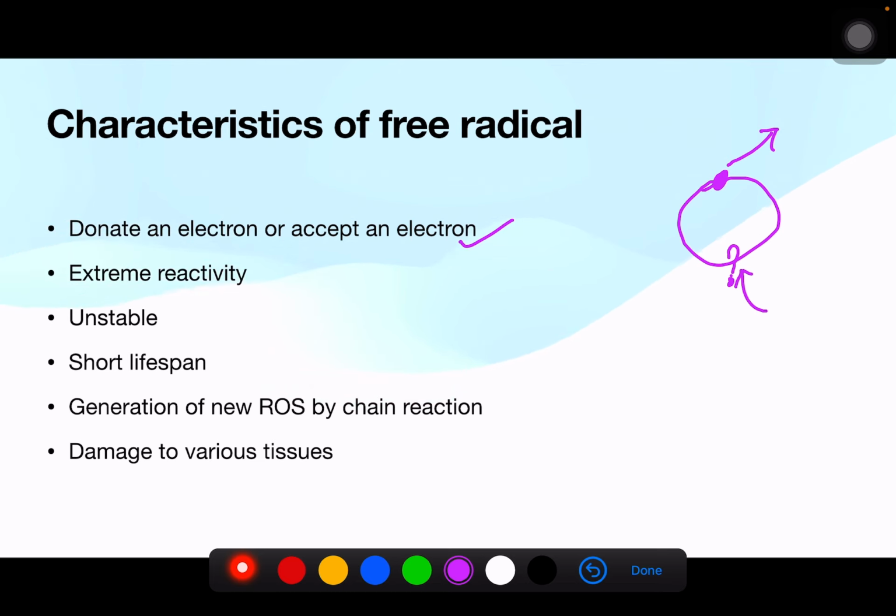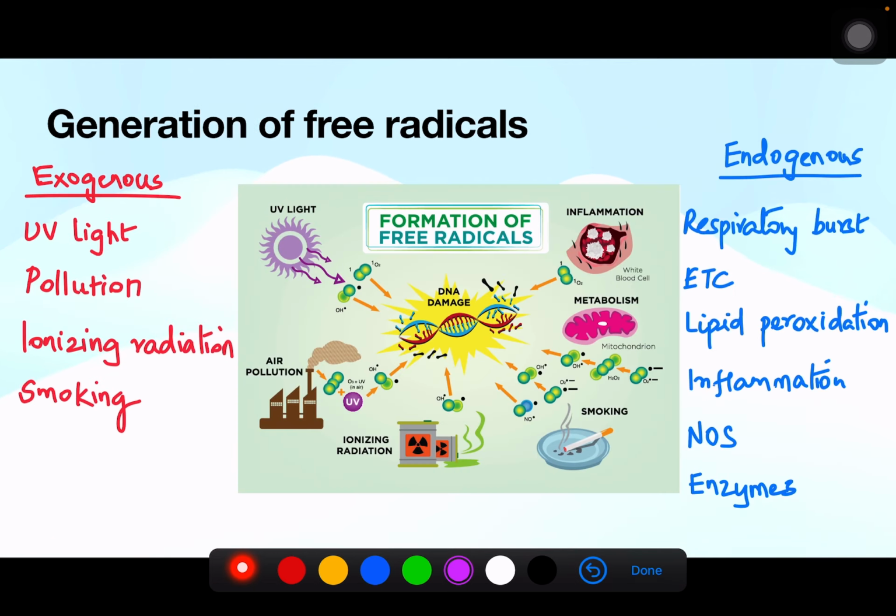So it has extreme reactivity because it has unpaired electrons in its outer orbital. It is unstable, it has a short lifespan, it generates new free radicals and reactive oxygen species by chain reaction, and it causes damage to various tissues. So these are the important characteristics of a free radical.